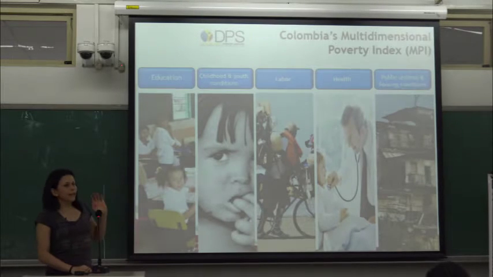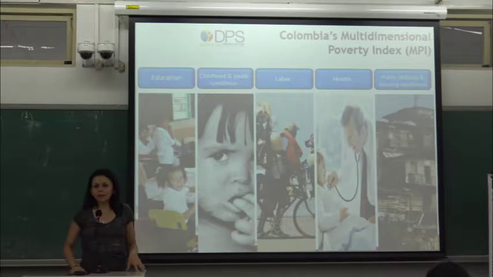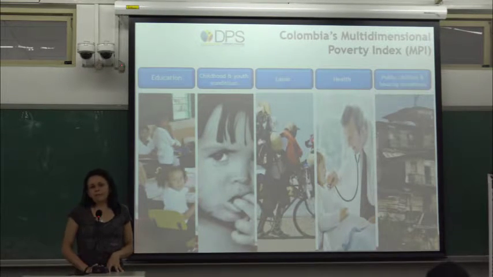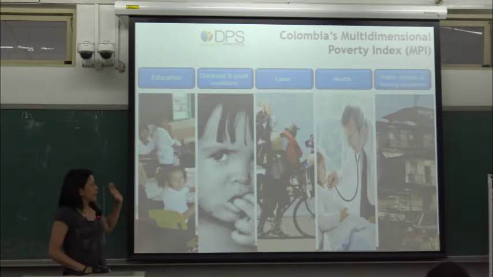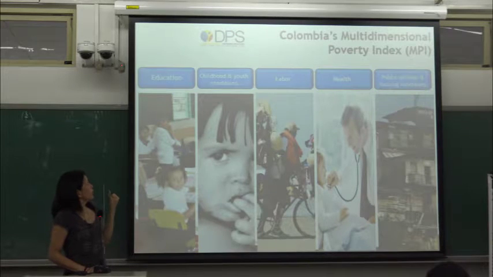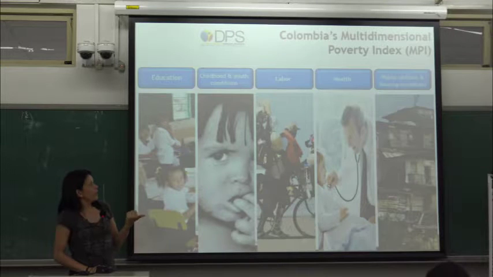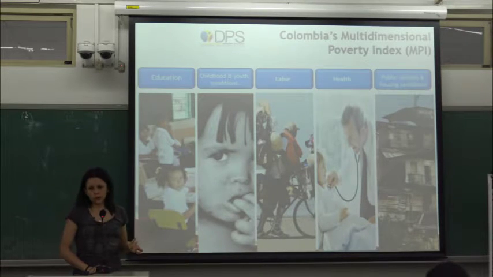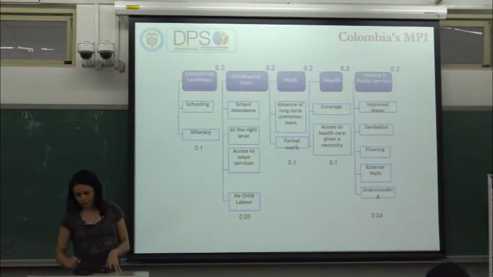So I think Sabina has explained quite a lot the MPI in Colombia. But just a review, the MPI in Colombia has 5 dimensions: education, childhood and youth conditions, labor, health, public utilities, and housing conditions. And it has 15 indicators.